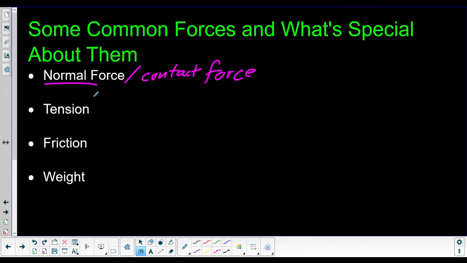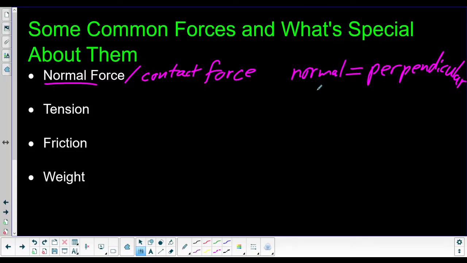When we say normal in this case, it's actually a math word. It's the same thing as perpendicular. Perpendicular. Okay. There's a third word for perpendicular that you'll learn someday. It's also orthogonal.